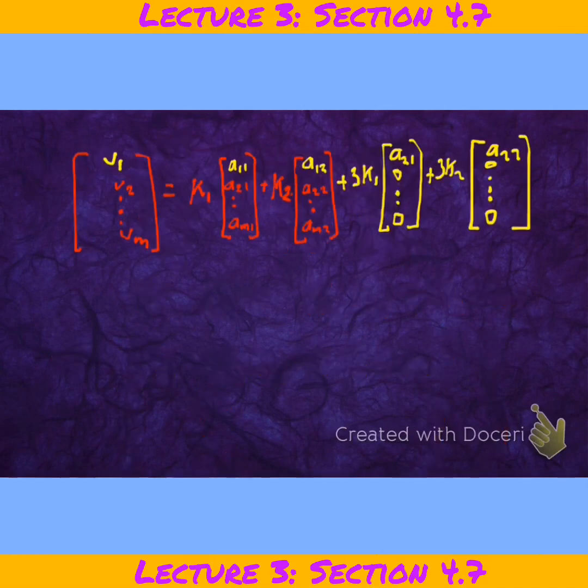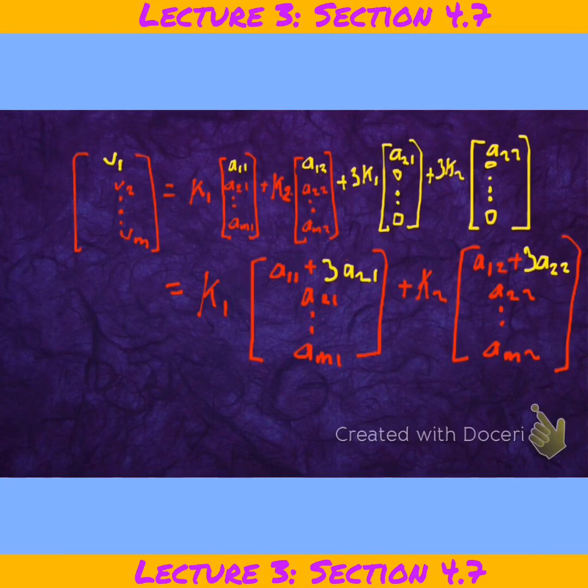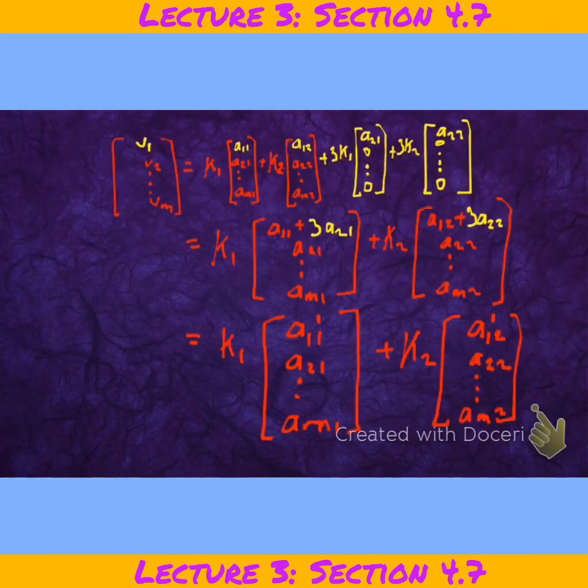Rearranging the terms, we get the matrix equation. So there we've got our matrix equation, and what is that now? There we've got a linear combination.